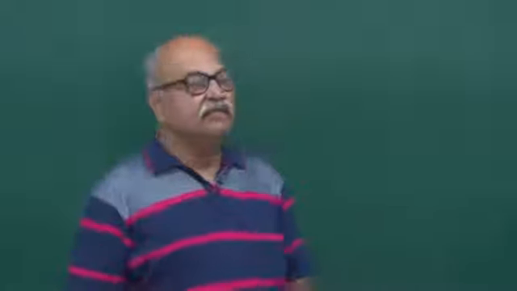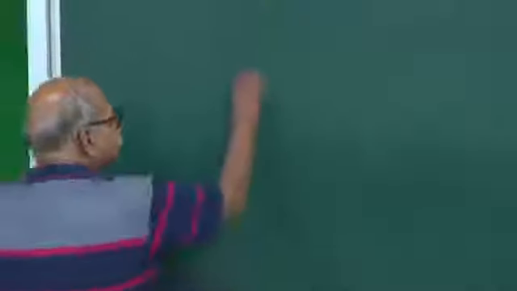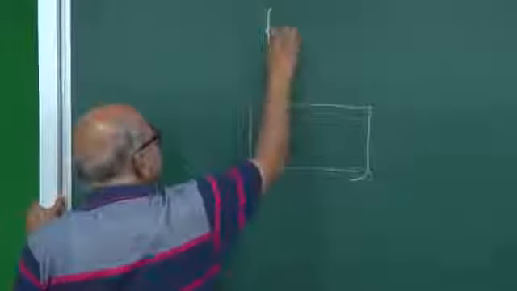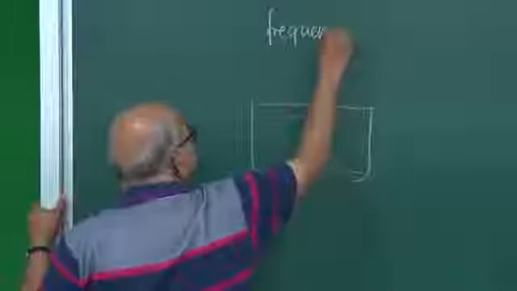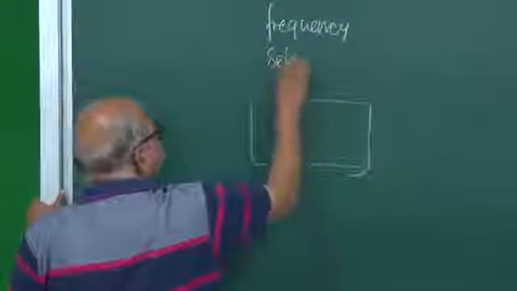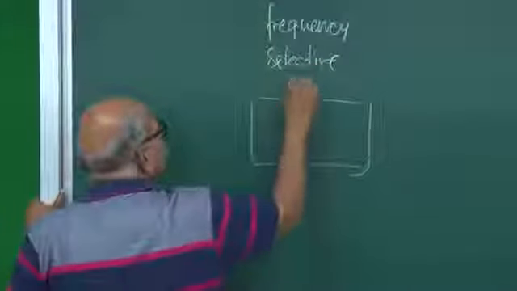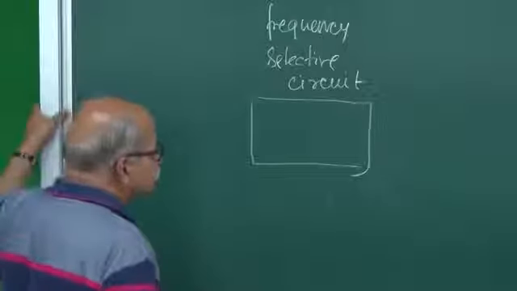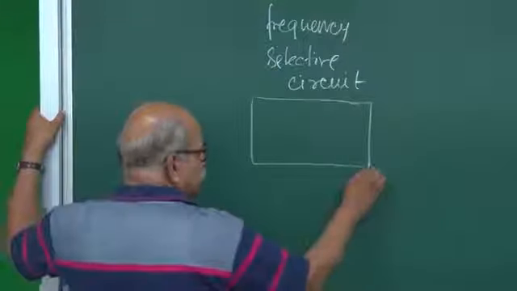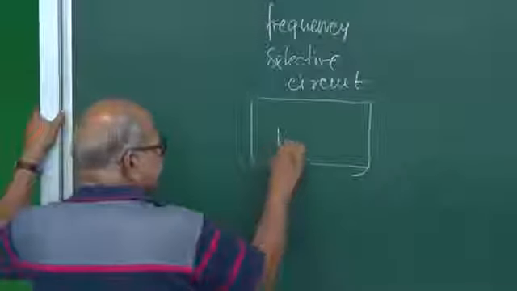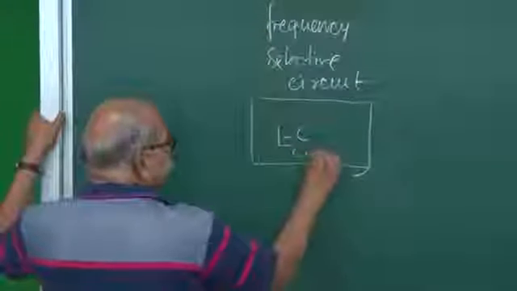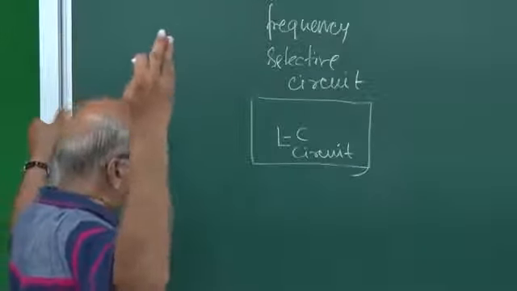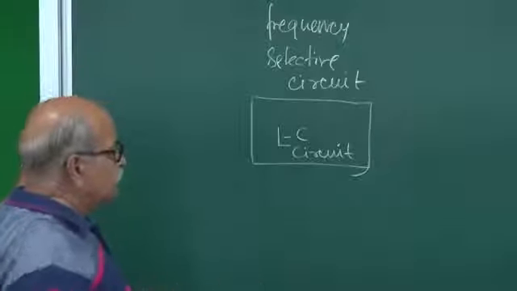The essentials we had discussed. The essential parts are that you have some kind of a frequency selective circuit, also sometimes known as frequency selective filters, and what we discussed was this LC oscillations, LC circuit, which is used for several tens or hundreds of kilohertz onwards up to say megahertz.